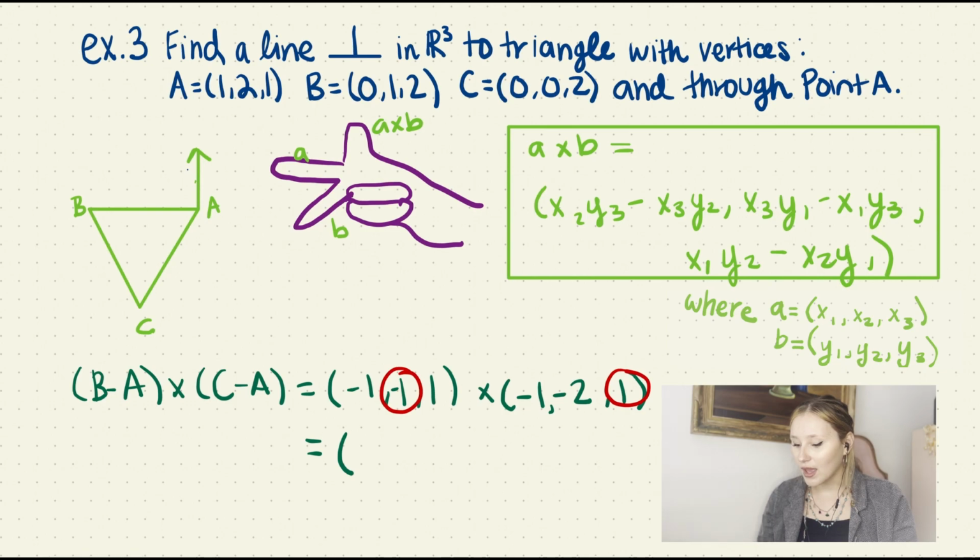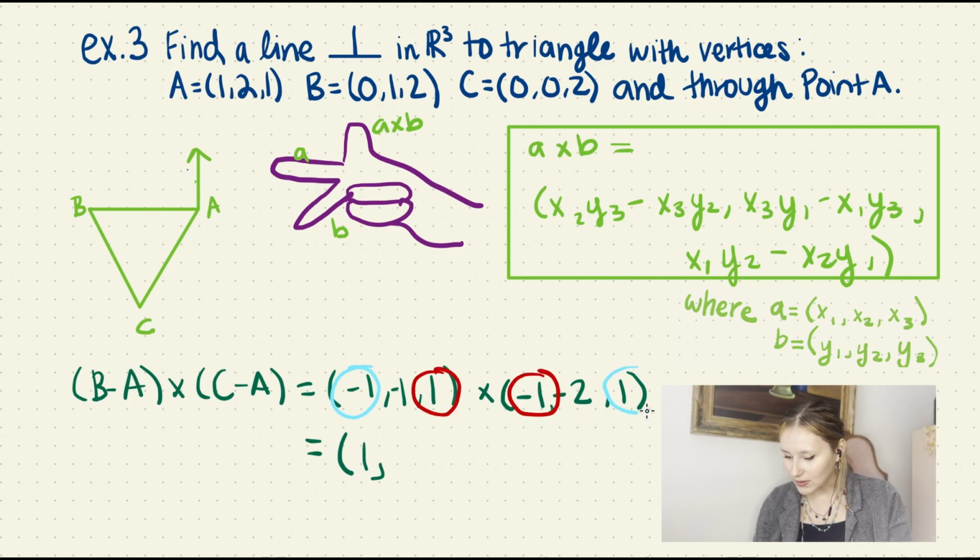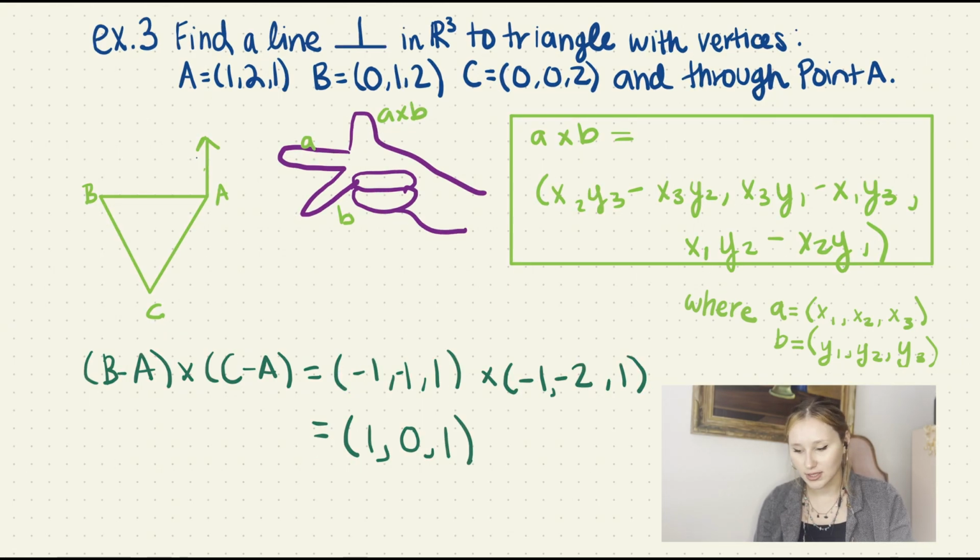So let's do that. So B minus A cross product with C minus A. Does that make sense? Great. So all we got to do is cross product that, and we'll get the directional vector.